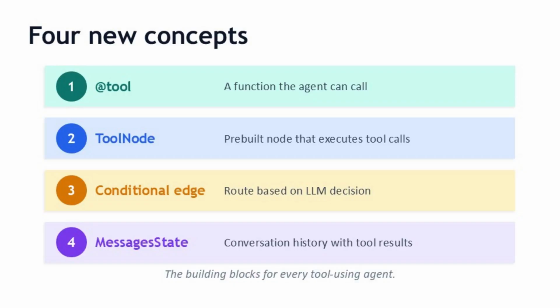Instead of always going to the same next node, the graph decides which path to take based on what Claude said. And fourth, MessagesState. Instead of simple question and answer strings, the state now holds a full conversation history, including tool calls and their results. These 4 concepts are the building blocks for every tool-using agent.